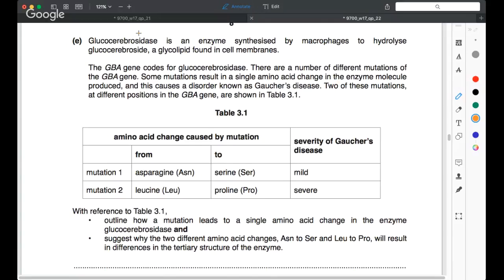And it also causes a change in the structure of the R group system.